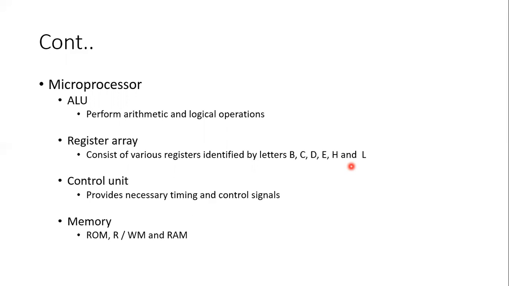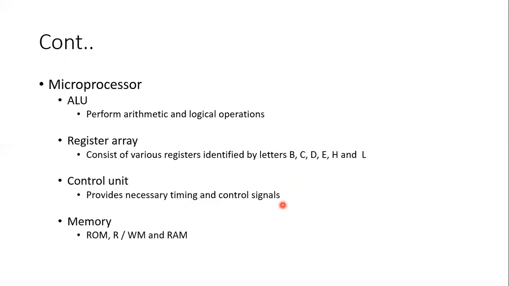Then the control unit. The control unit provides necessary timing and control signals to all the operations in the microprocessor. That is, it controls the flow of the data between the microprocessor and the memory and the peripheral.